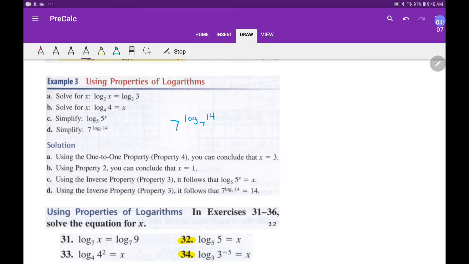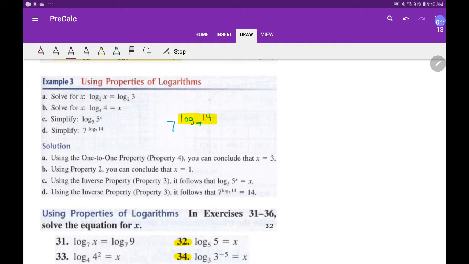Well, it's raising 7 to an exponent, which is good because the logarithm is an exponent. And this logarithm says there's some exponent that if I raise 7 to that exponent, I will get, let's say it's m, 14. Well, I can skip all that and just get 14.